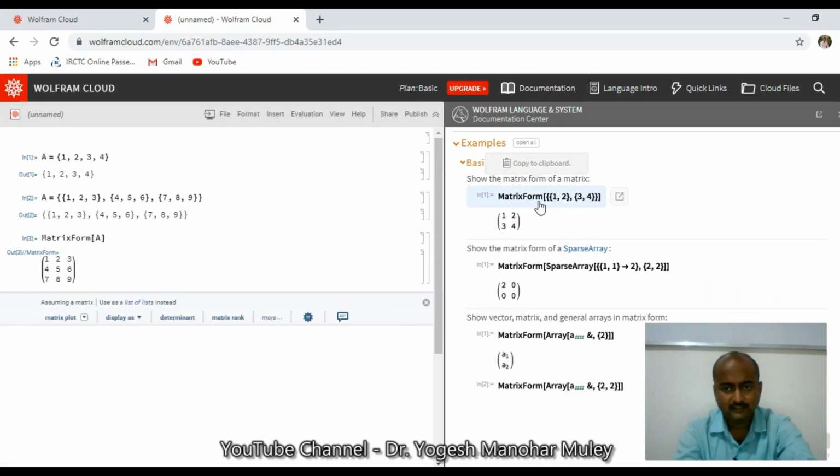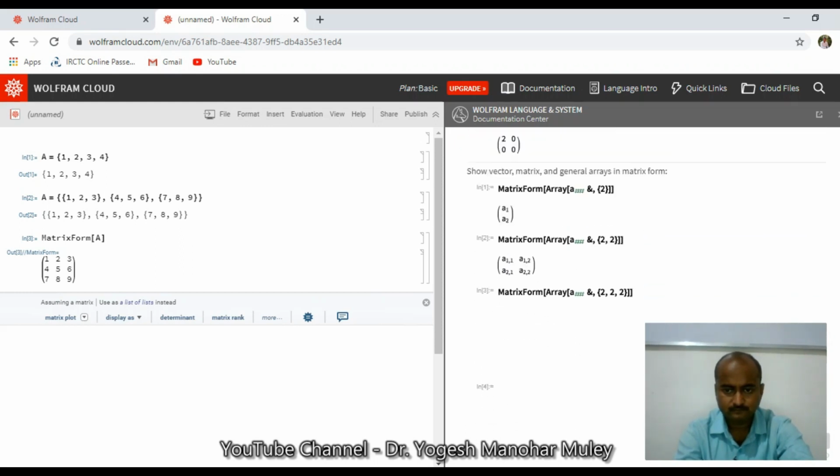We can directly write in the matrix form: the first list 1, 2 and the second list 3, 4. So this will give you a matrix. So for preparing a matrix we need lists. You can either enter them directly in MatrixForm or you can prepare a separate list by giving any variable name.